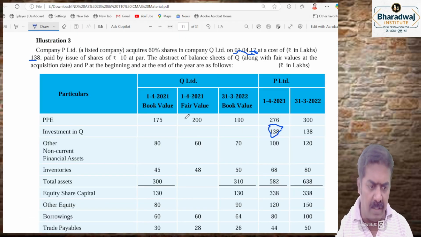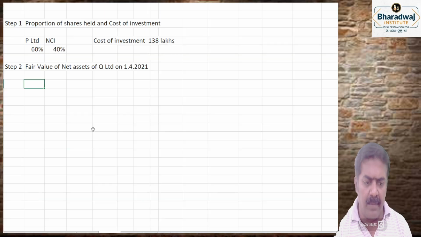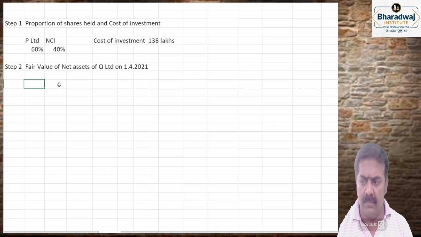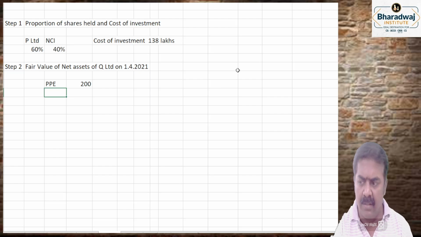Fair value of PPE, other current assets, inventory, then borrowings, trade payables. What is the value of PPE? 200, fair value. What is the next one?